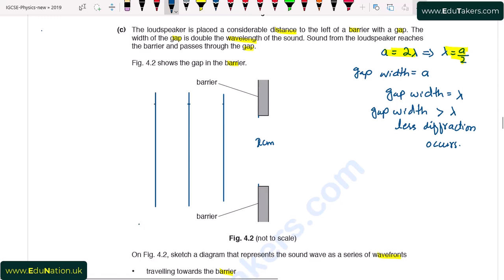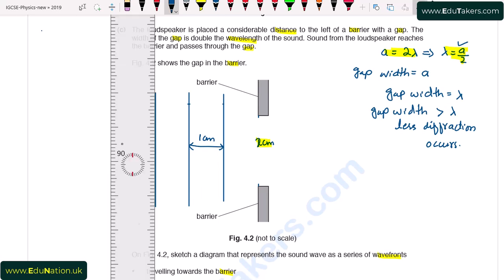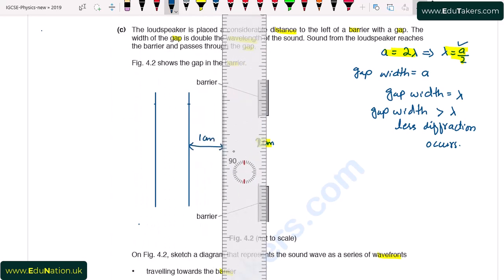These are the 3 wavefronts that are approaching towards the barrier, and the distance between these 2 wavefronts will be equal to 1 centimeter, because the distance of this gap is equal to 2 centimeter, and according to this equation, the wavelength should be half. So when they pass through the gap, they will be straight. So I also draw the straight line here.